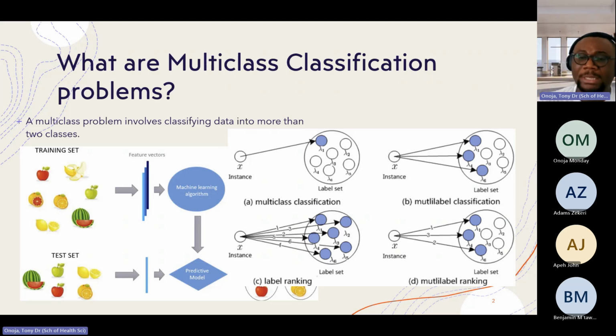Another thing you're likely going to see is the ranking of the label. So in multi-class, when we talk about ordinal, it means we're ranking. In the case of label ranking, this is a multi-class problem, but we are ranking it based on several things.